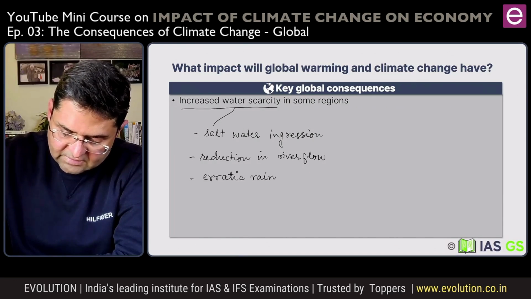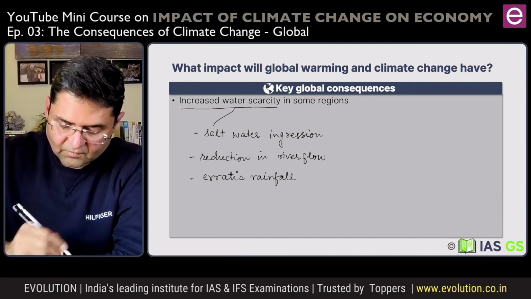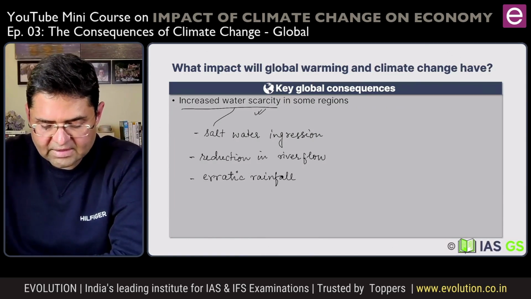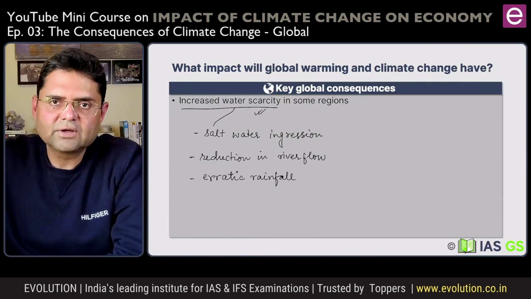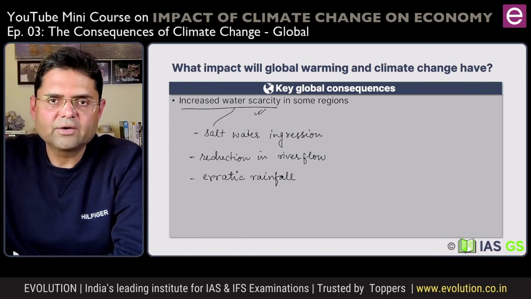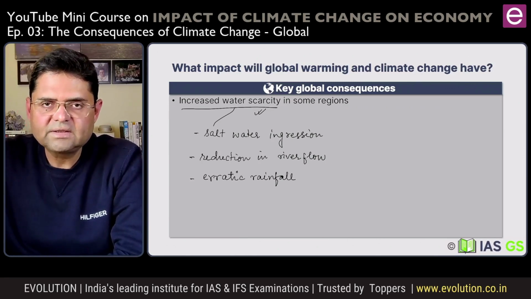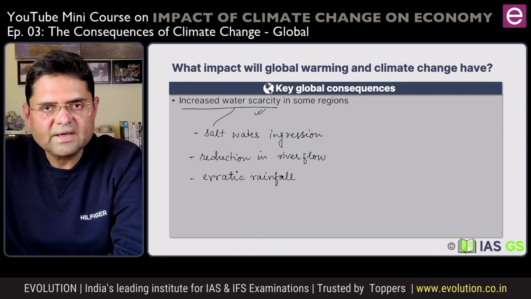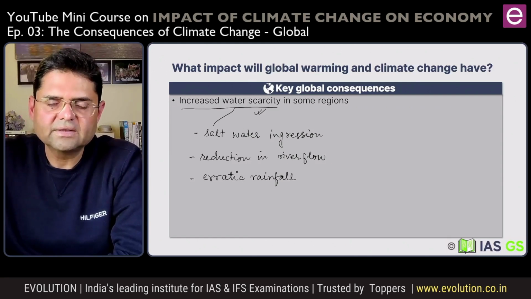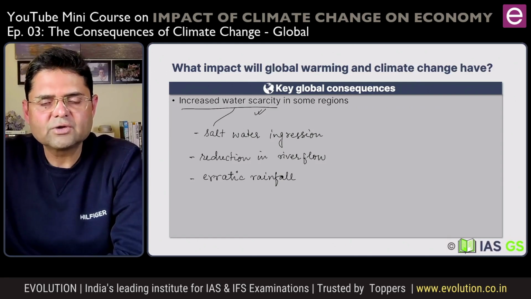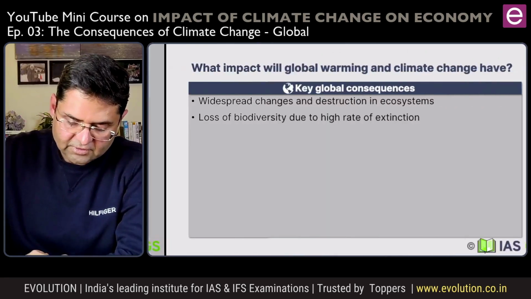So these are the 3 reasons which will be creating water scarcity. In our country, the northern and the western parts are already witnessing water scarcity, and the water scarcity situation has intensified in the last 1 decade. The scientists say that it is because of climate change impact.